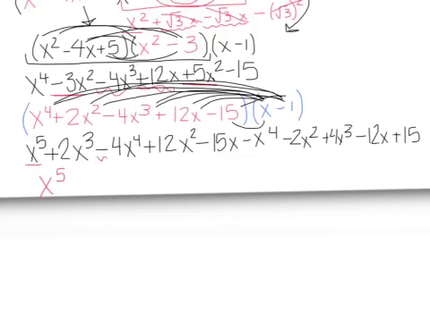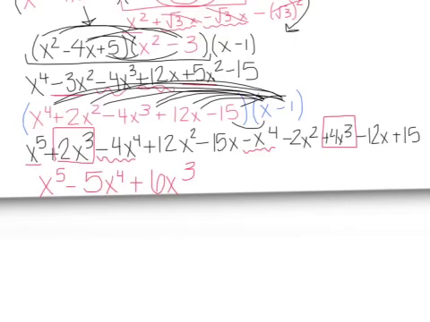So we have a negative x to the fourth minus 4x to the fourth. So that's a negative 5x to the fourth. Negative 4 minus 1 is negative 5. After x to the fourth is x to the third. So we have a 2x to the third here and a 4x to the third over here. So we have a 6x to the third.